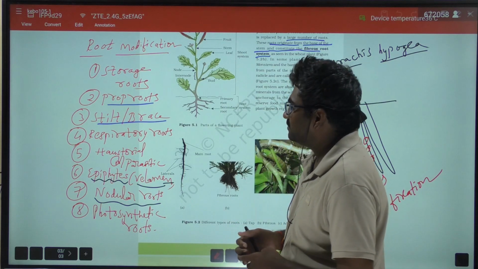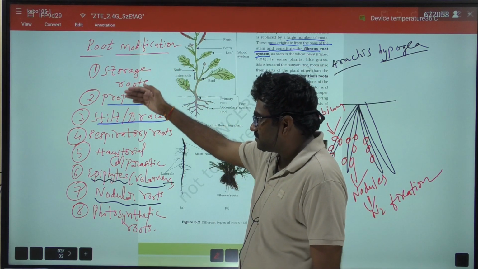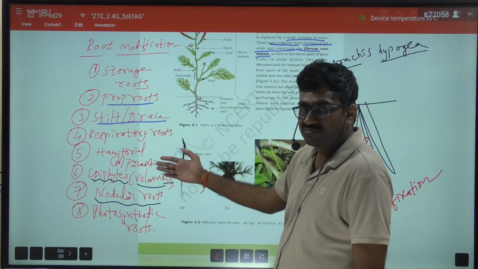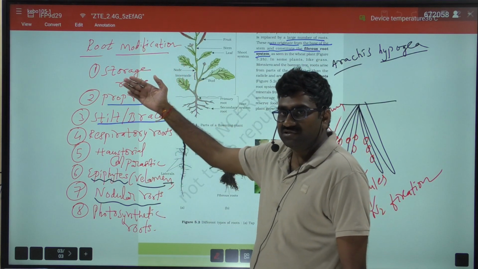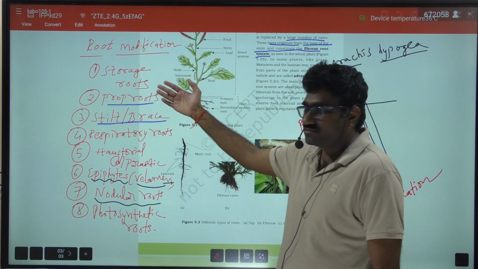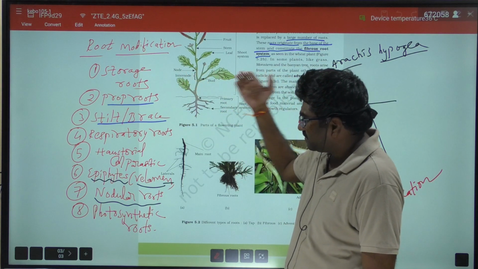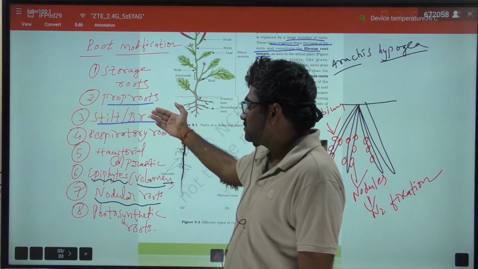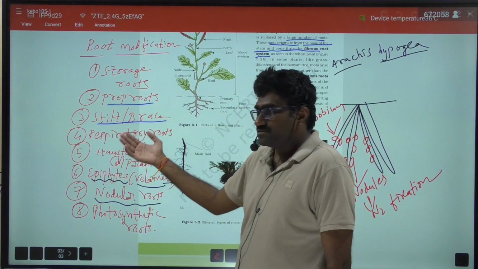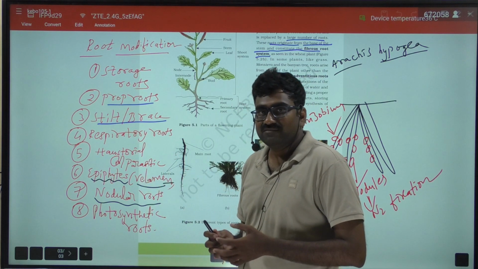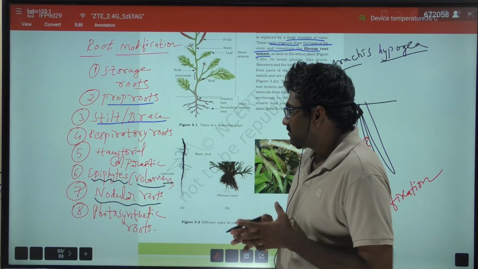Storage roots, prop roots, stilt roots, respiratory roots, parasitic roots, epiphytes, nodular, photosynthetic roots. Storage roots store food materials, and prop roots or pillar roots provide mechanical support to the plant. Stilt roots or brace roots possess a fibrous root system and also support the plant.